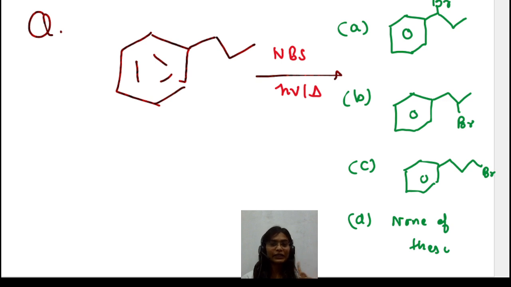We know one thing, everyone: NBS is going to follow the free radical mechanism. So here's a hint for you: check for the stable radical with respect to the benzene, and if you're able to identify that, that will be the correct answer.